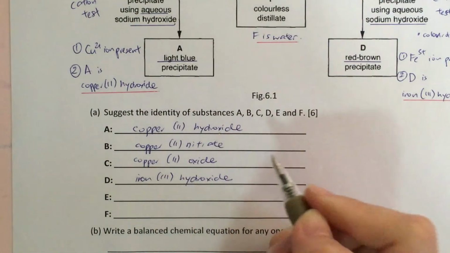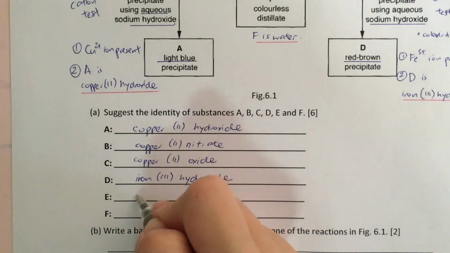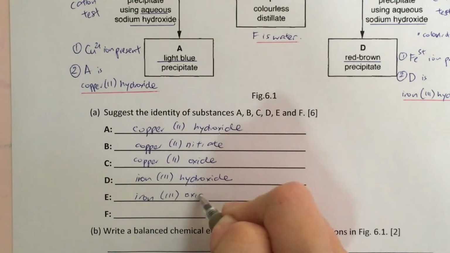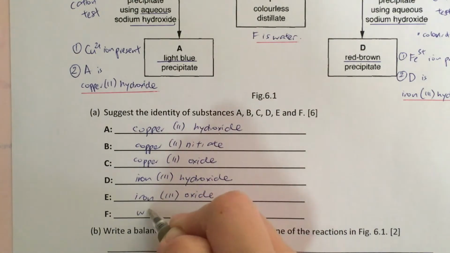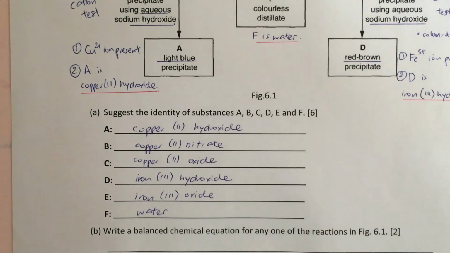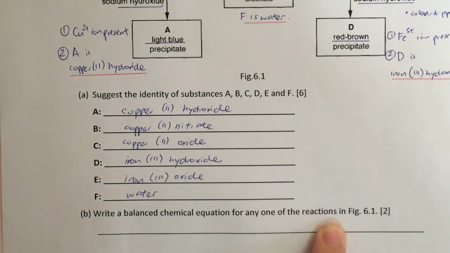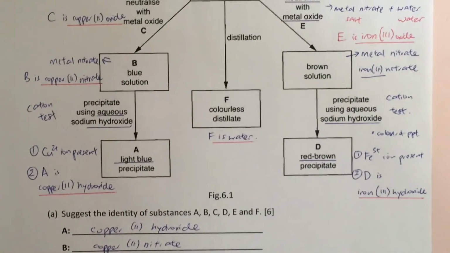So if you notice by now, these QA questions that involve test for cation and test for anion take almost 6 marks just to guess their identity, and it takes another 2 to 4 marks to write a balanced chemical equation. So this one says for any reaction.